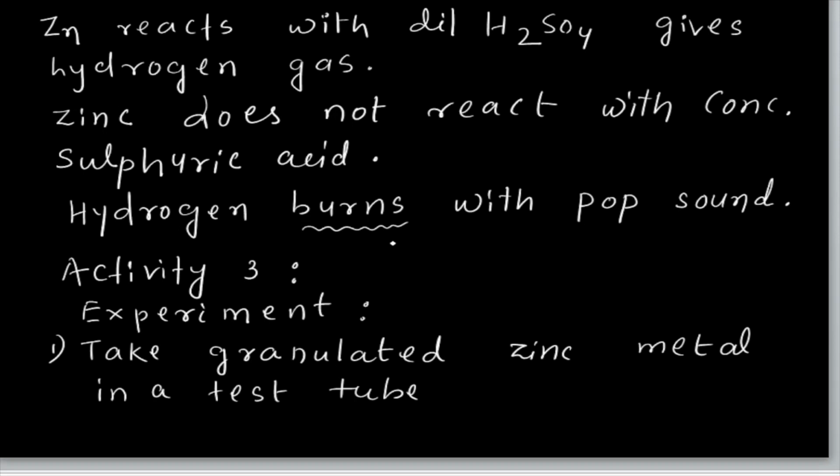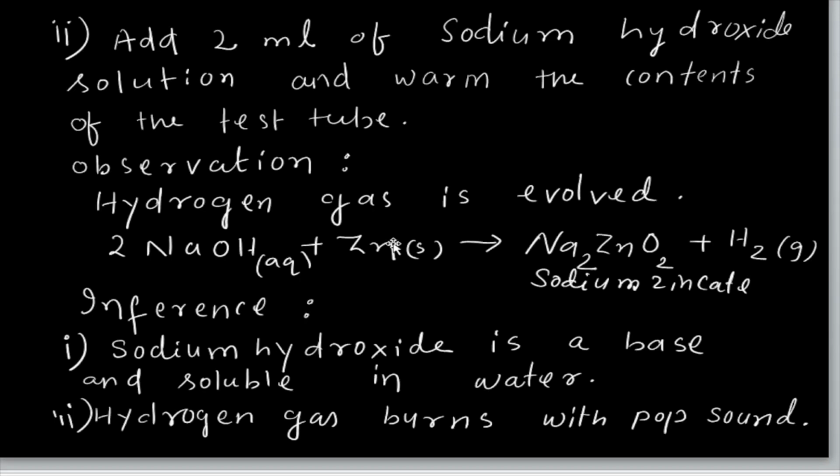Then here you will see the next experiment: take 2 ml solution of sodium hydroxide. How can you prepare the solution? I told you take pellets of sodium hydroxide and add water in a test tube, but don't do this one, it is already available in the laboratory.